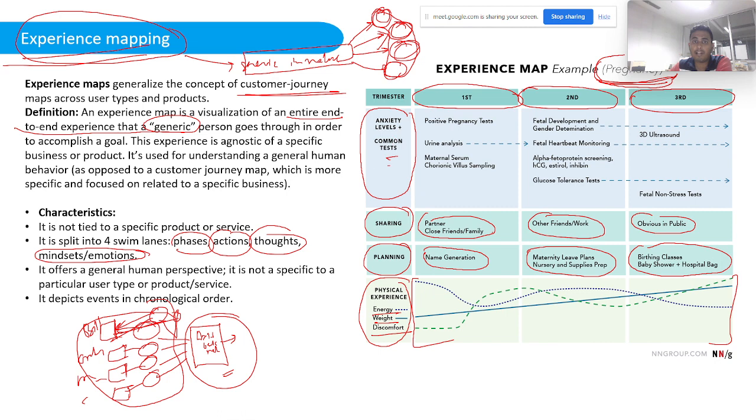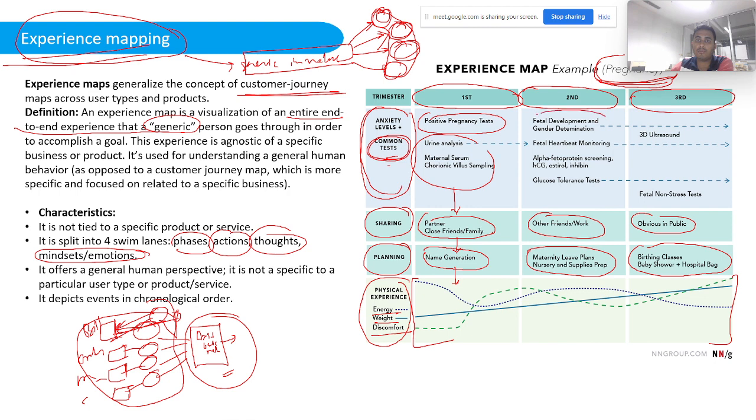Then anxiety level is again a parameter. You also have activities like medical tests. So you do urine analysis in the first phase. Then you have anxiety level because of this positive. Then with whom you share. So there is also a relationship between these activities.